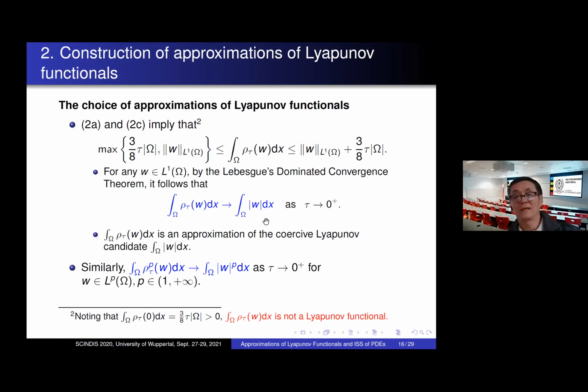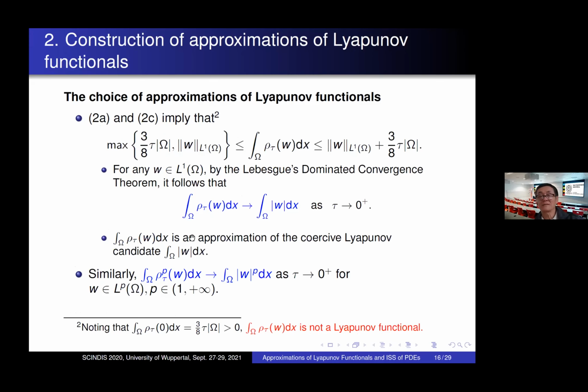So, okay, we can see that the integral itself is not a valid Lyapunov function, or it's not a valid candidate for a Lyapunov function because it does not equal 0 at 0. But when we take tau tends to 0, it can be used as an approximation of a coercive Lyapunov function.